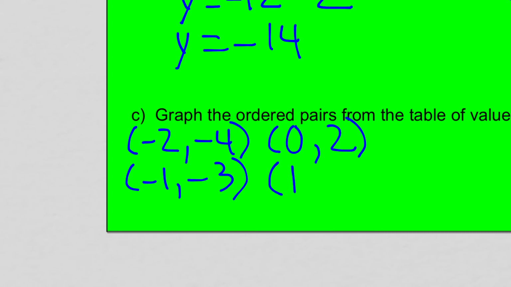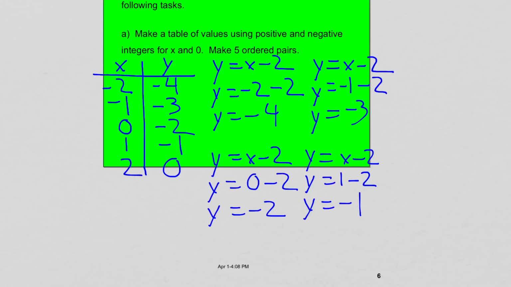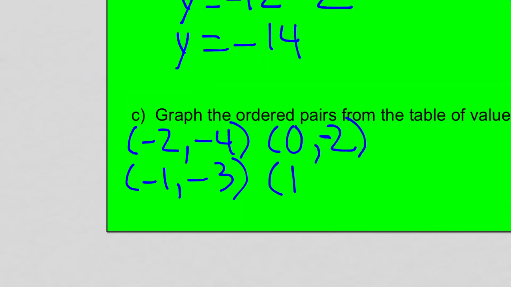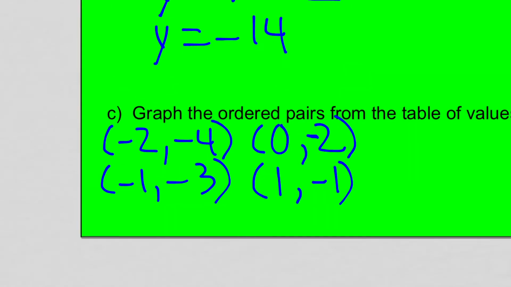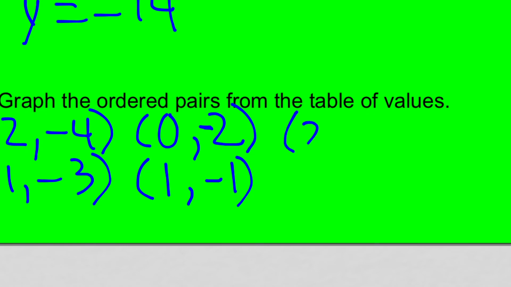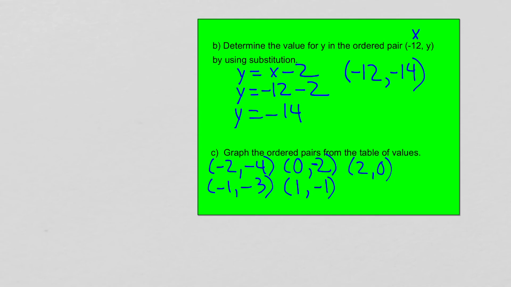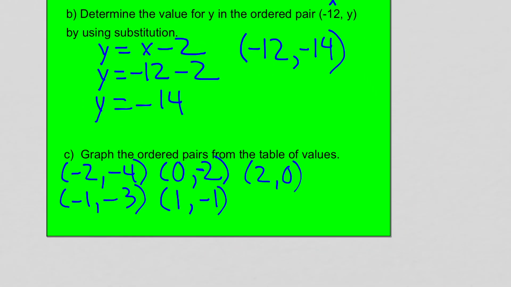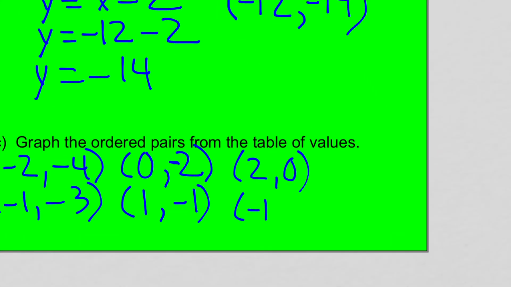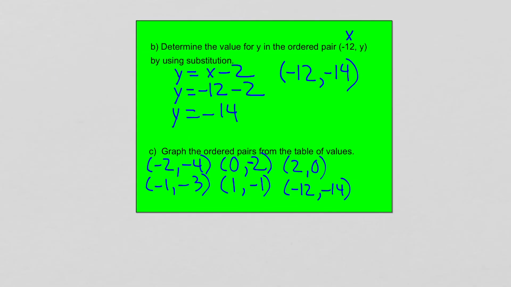X is 1, y is -1. And when x is 2, y is 0. Now on the same pattern, we also have x -12, y -14. That will also lie on this pattern as well, just farther along the pattern.